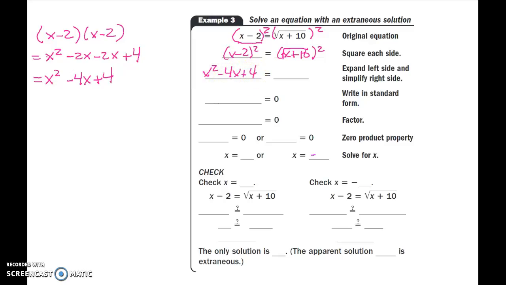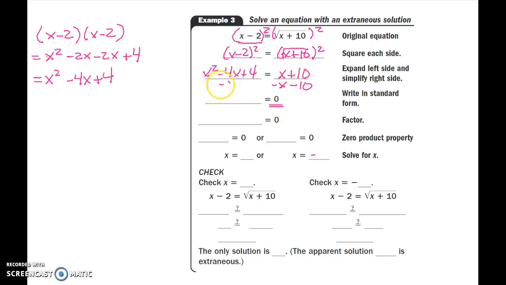On the right side, the side that looks complicated, that's the easy side, because all we have to do, squaring to undo the square root sign, gives us x plus 10. So that's all nice and neat. And so now I've got to subtract x from both sides, and I've got to subtract 10 from both sides because I want to set it equal to 0.